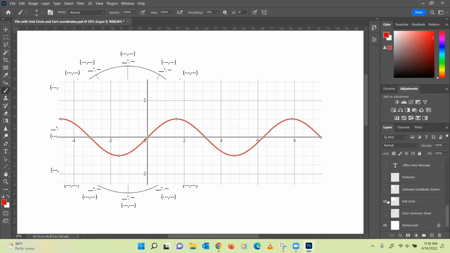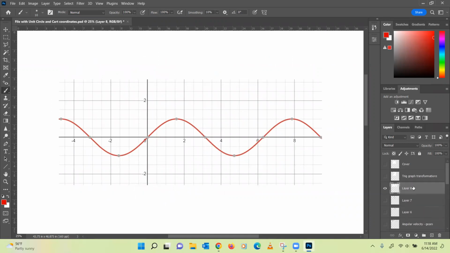All right, get rid of some distraction here. And there we have the graph of sine. We just did y equals sine of x. I'm going to put sine of theta. And this is clearly in radians because it only went to 2 pi, which is 2 times 3.14, so about 6.28.